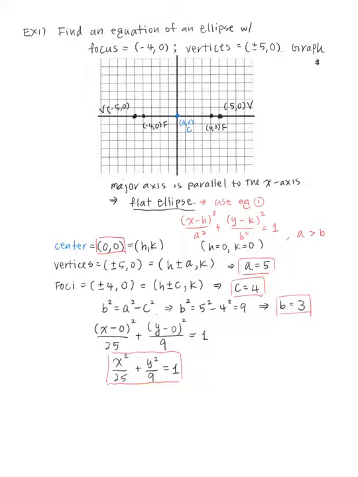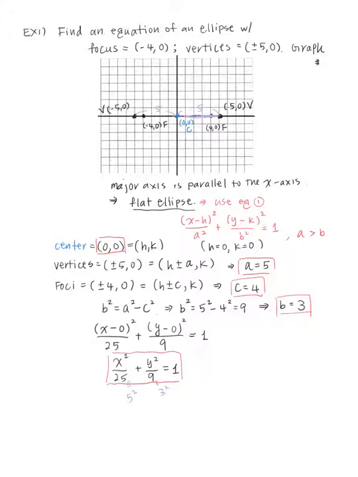Now we're going to have to determine the co-vertices. Before we do that, I want you to notice something. Notice that 25 was 5 squared, and 9 was 3 squared. Notice the distance from the center to one of the vertices, from here to here, is 5. That's precisely what's going to happen. Along the minor axis, you go from the center up 3 and down 3.